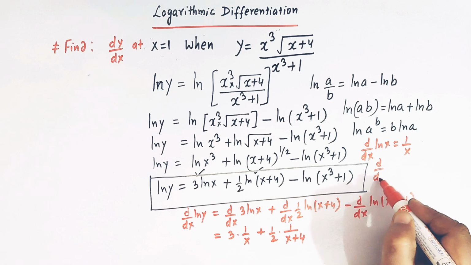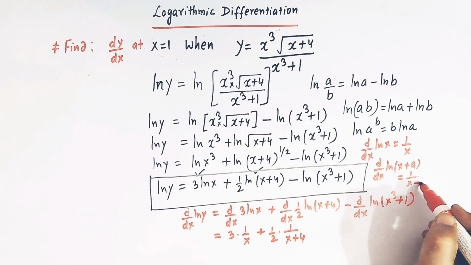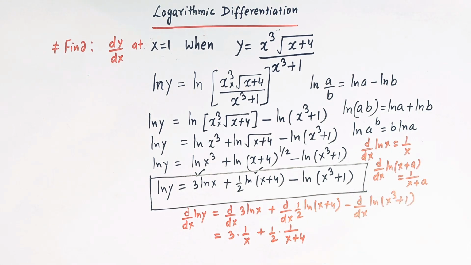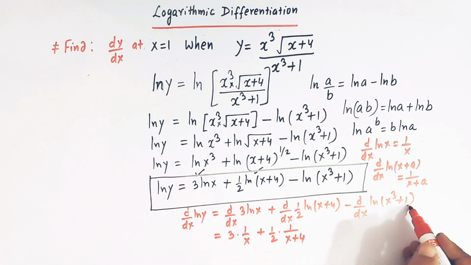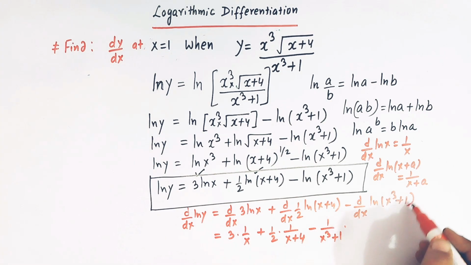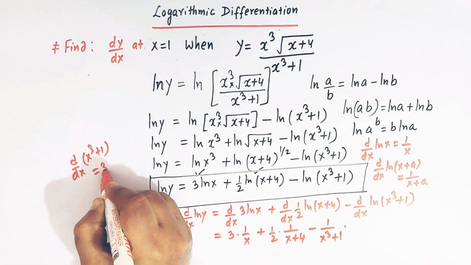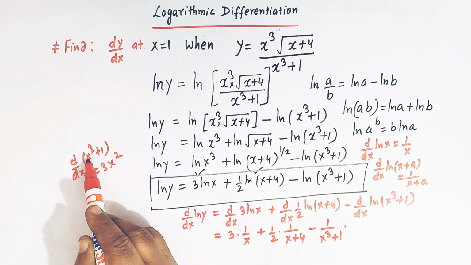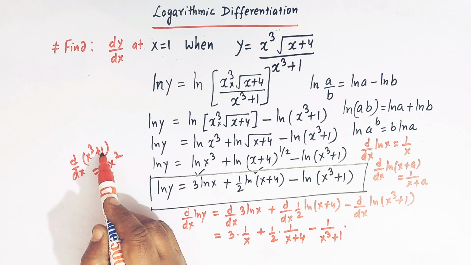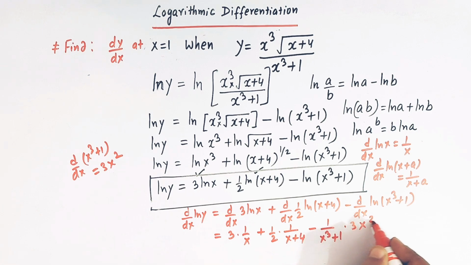And similarly the derivative of log of x plus a is simply 1 over x plus a. And in this term, we have the derivative of log of x cube plus 1 as 1 over x cube plus 1. And then by chain rule, the derivative of x cube plus 1 is equal to 3x square, right? The derivative of x cube is 3x square, and 1 being a constant, the derivative is 0. So here we have 3x square.